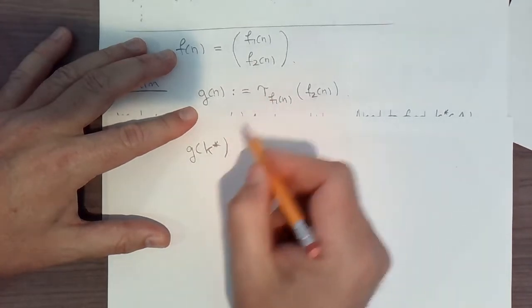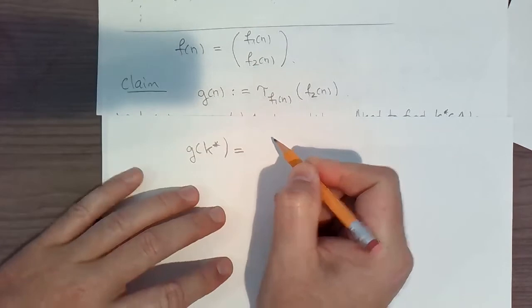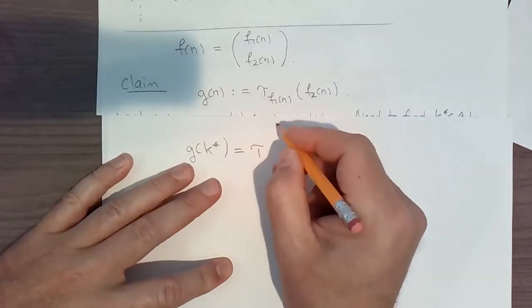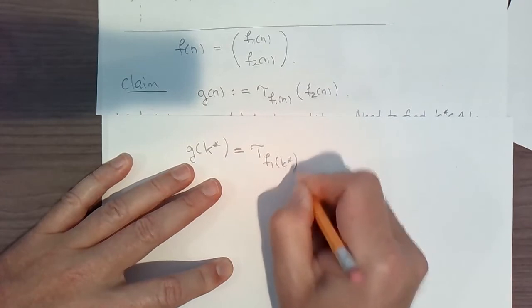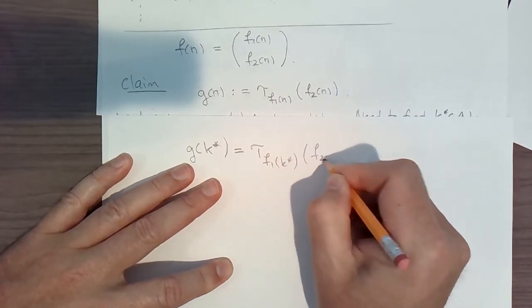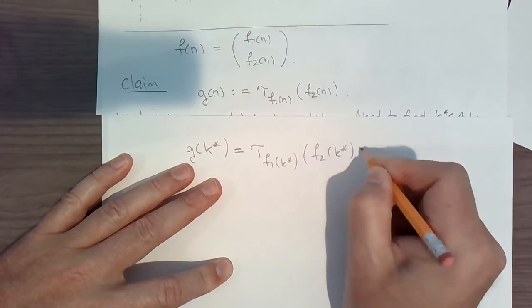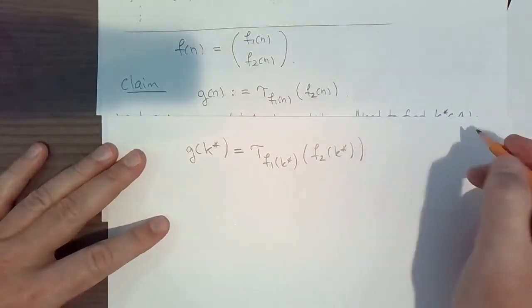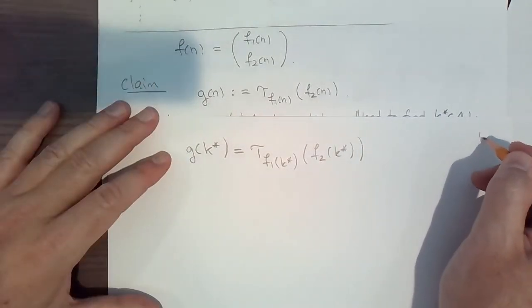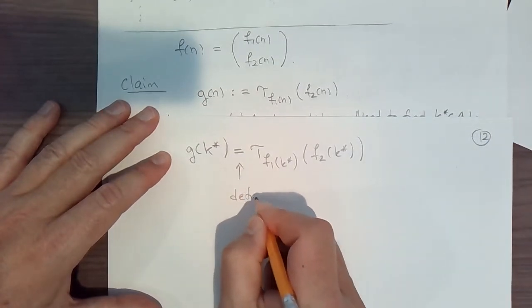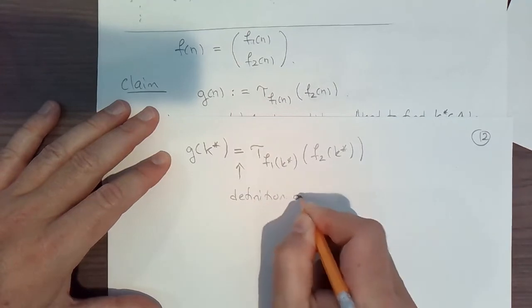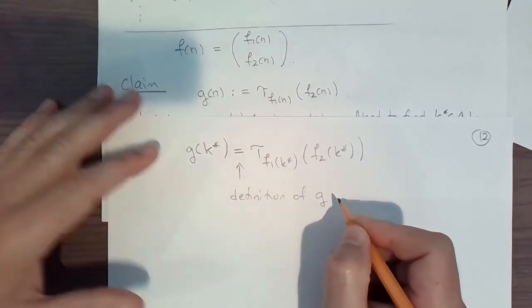What would it be equal to? Well, by definition, it would be equal to tau and then F1 of K star evaluated at F2 of K star. This is the definition of G.